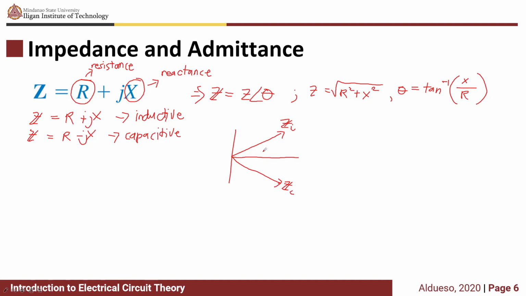We have positive theta and negative theta. We have our R here, and this is our X, which is negative. Looking at the triangle, R is equivalent to the magnitude |Z| times cosine of theta, and X is equivalent to |Z| times sine of theta.